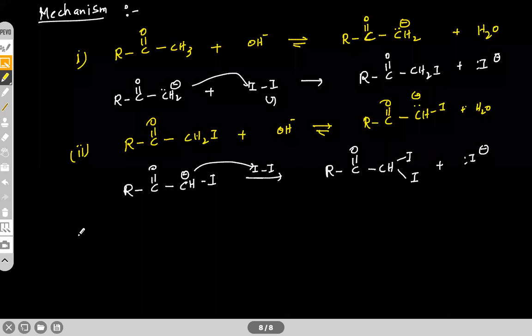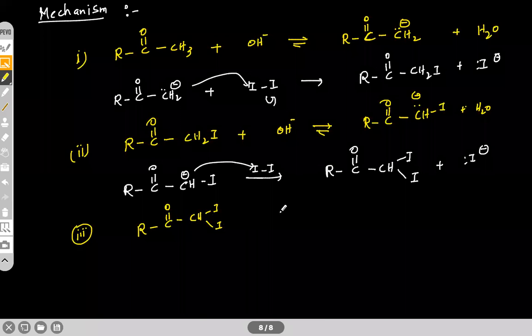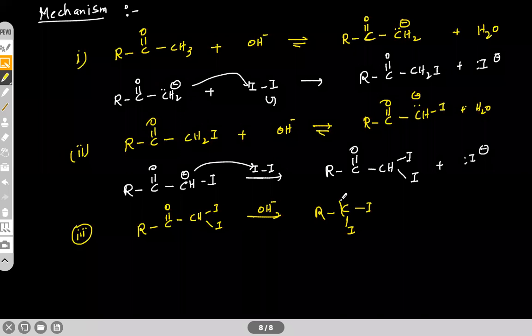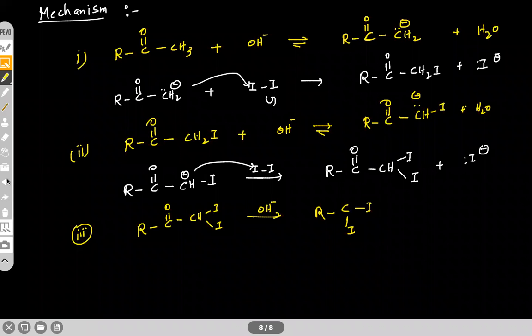Same thing happens in the third step. R-C double bond O-CHI2 with OH minus converts into R-C double bond O-CI2 negative and H2O.